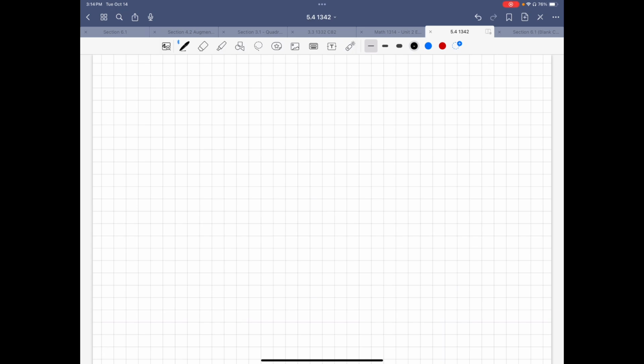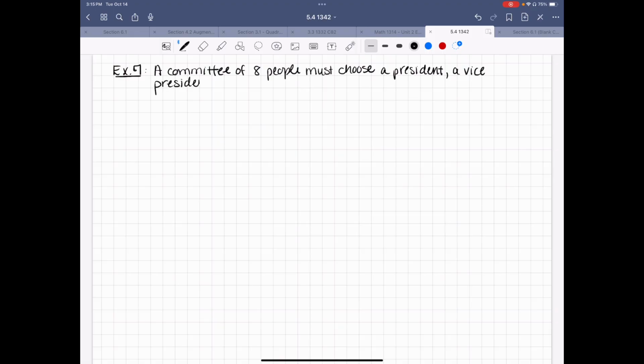If we are on example 7, we have a committee of 8 people that must choose a president, okay, a vice president, and a secretary. In how many ways can this be done?